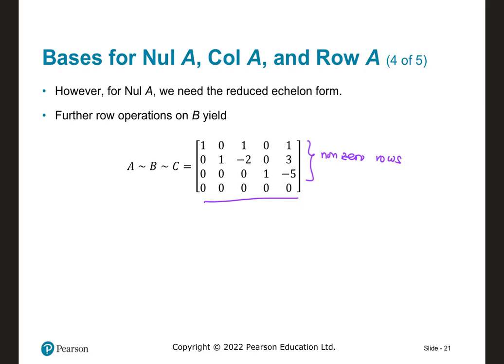So this is a basis for the row space of C, and that will be the same as row space of B, and that will be the same as row space of A. So these non-zero rows, three vectors, will define another basis of the row space of A matrix.